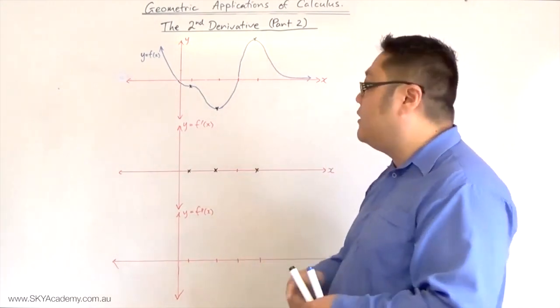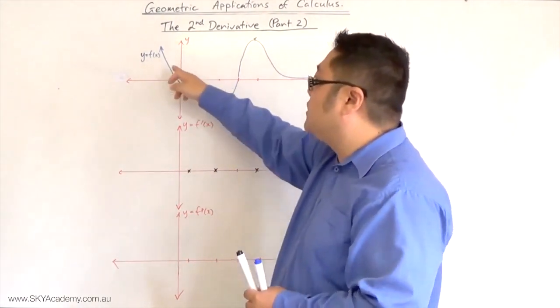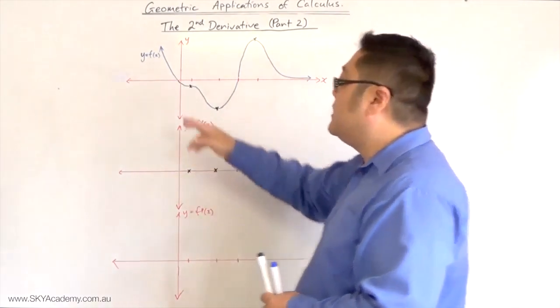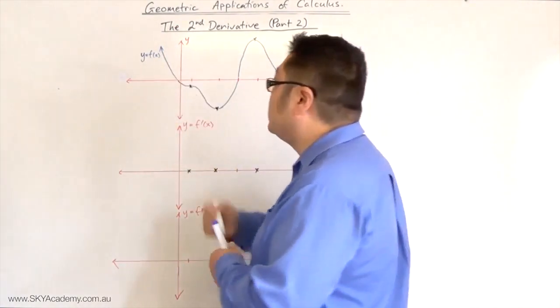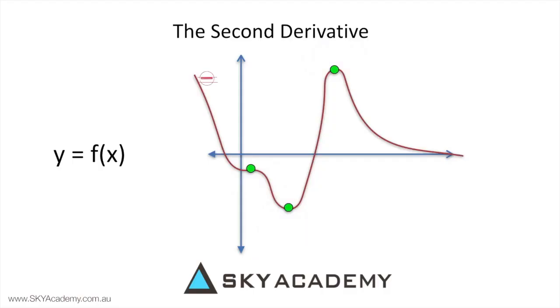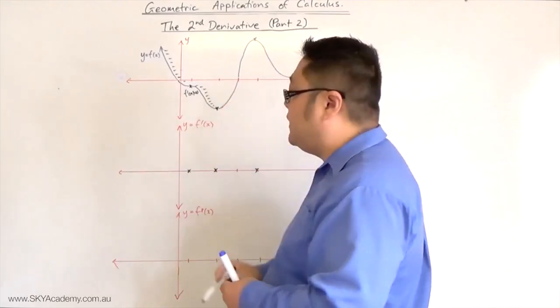The way that we're going to analyze this is to look along this curve at the gradients. What's happening to the gradients along here? They're going in a negative direction, negative, negative, negative, and then all of a sudden it hits 0, but then it continues on its way being negative.